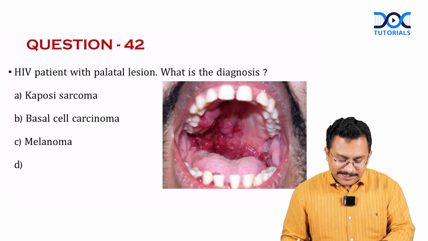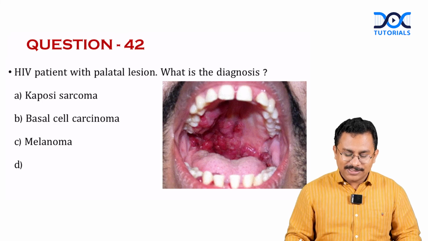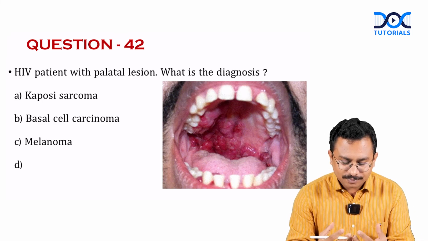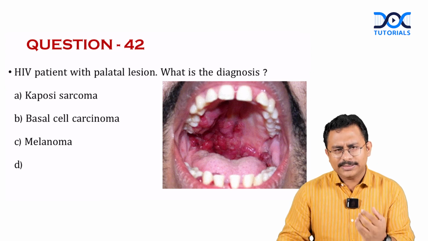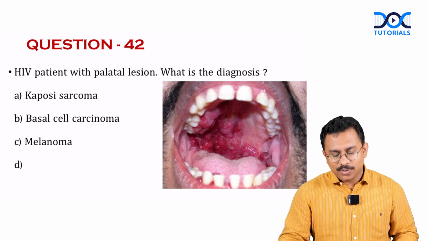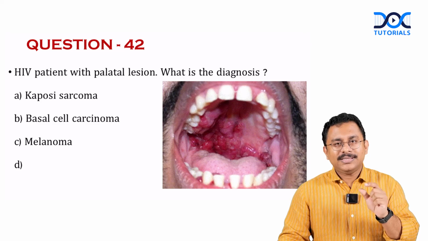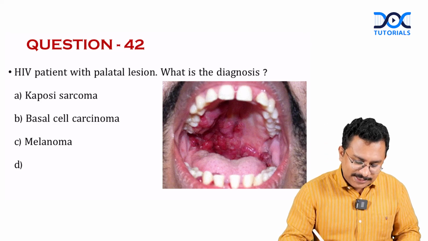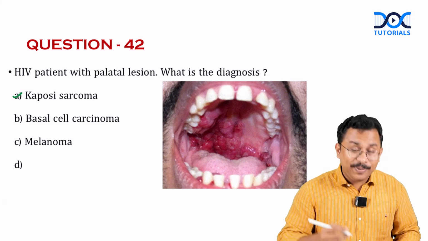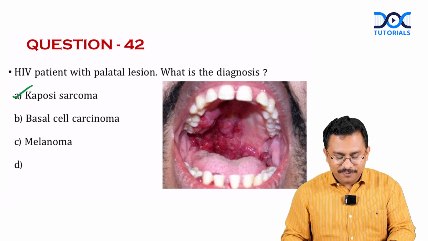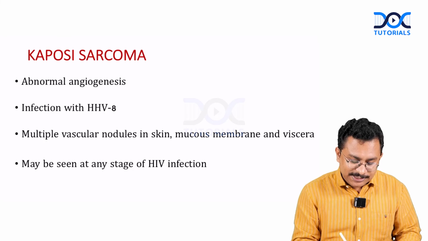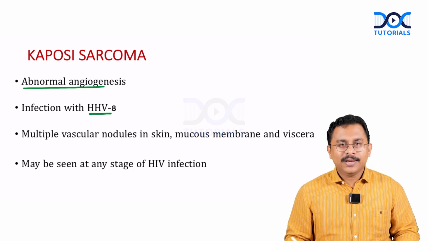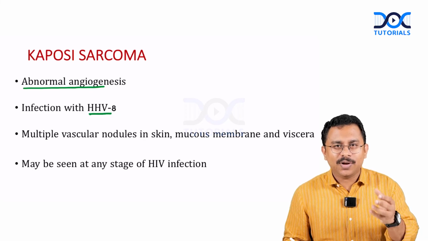Okay, right. HIV patient with a palatal lesion, what is the diagnosis? This is something I've always stressed in my lectures. Patients with HIV have certain nodular lesions. The answer here is Kaposi sarcoma. Patients with HIV may have abnormal angiogenesis due to infection with HHV8, resulting in multiple vascular nodules.